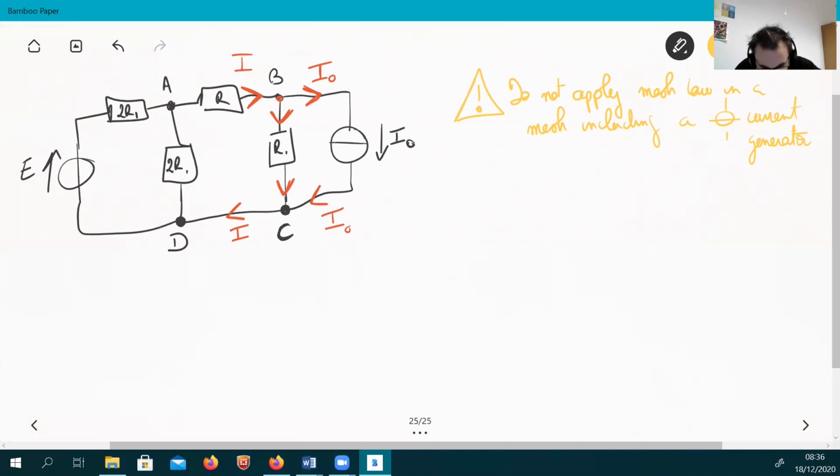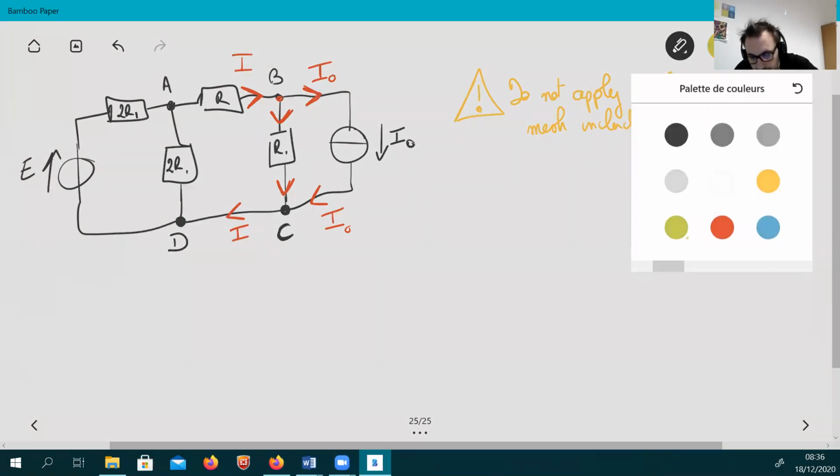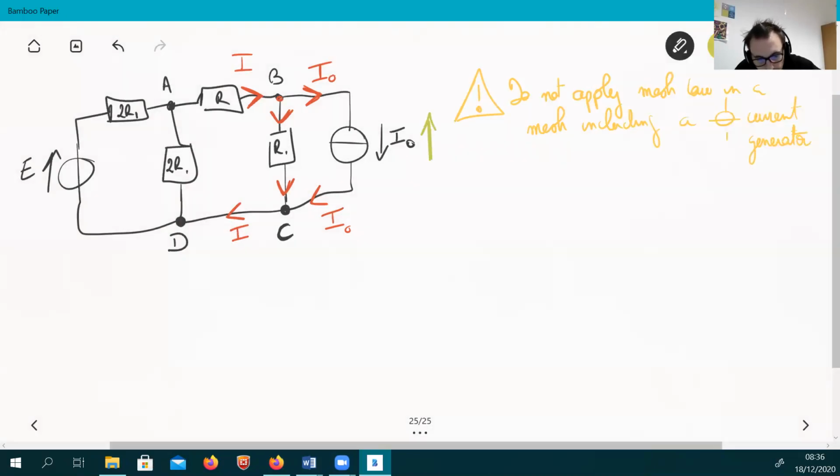By applying a mesh law in a mesh including a current generator, you are adding another unknown, which is the voltage between the terminals of the generator. So it is a bit useless to add another mesh with this current generator.